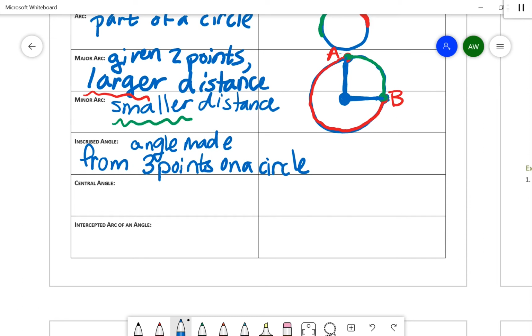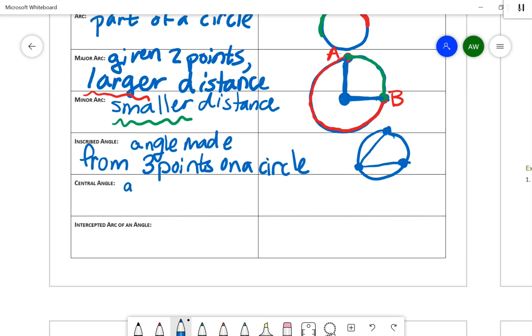An inscribed angle is an angle in a circle where all 3 points of the angle are on the circle's edge. So this would be an example of an inscribed angle because it's made from 3 points that are on the circle itself.